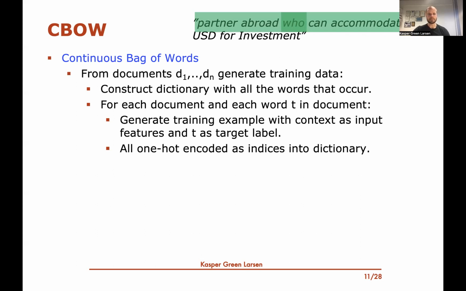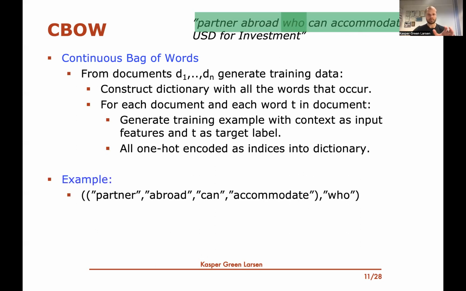We one-hot encode all of it as indices into the dictionary: every word got a number from 0 to the number of distinct words, and we one-hot encode every word in the context window and the target label. So if this text appears in one of the training documents and we reach the word who, we want the feature vector for partner, abroad, can, and accommodate, and who is the label.